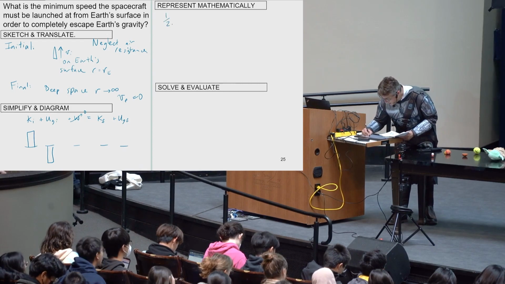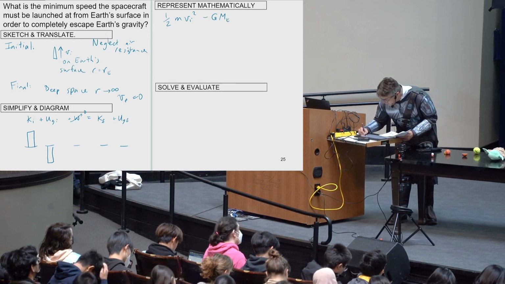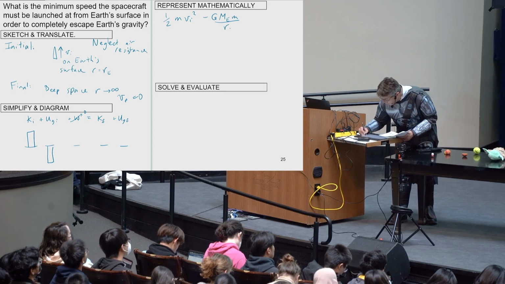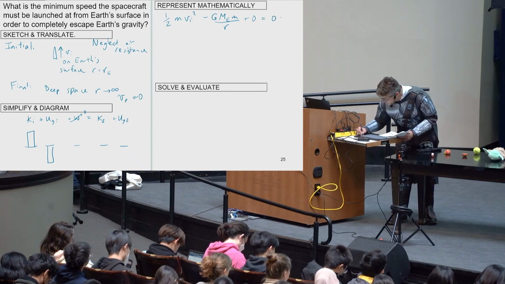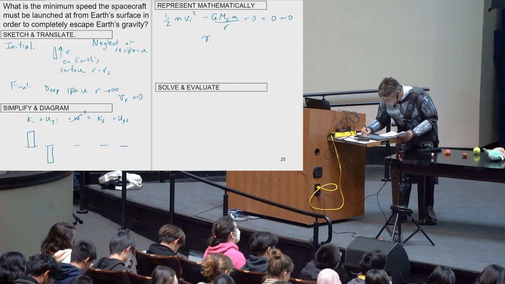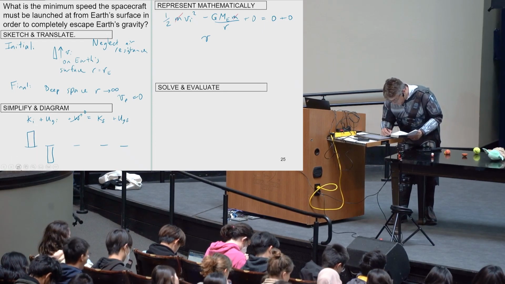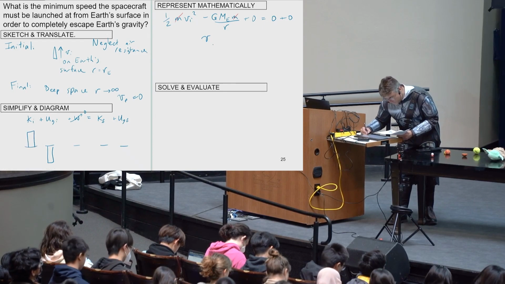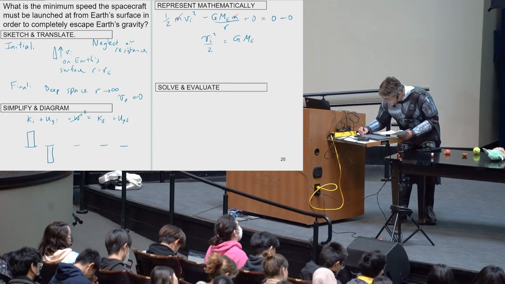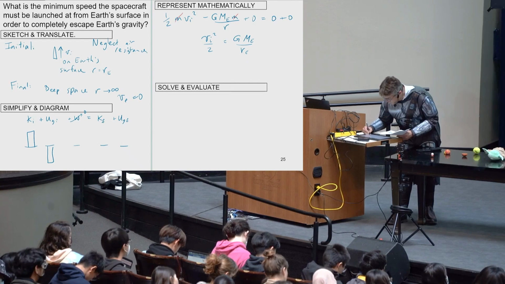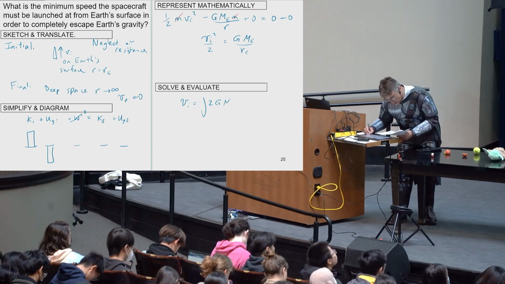So you've got 1/2 m V initial squared minus G times mass of the Earth times the mass of the object divided by R, plus 0 equals 0 plus 0. So I think you can divide both sides by lowercase m. You get V initial squared divided by 2 is equal to G times mass of the Earth divided by the radius of the Earth. So V initial is just equal to the square root of 2 times G times mass of the Earth over the radius of the Earth.